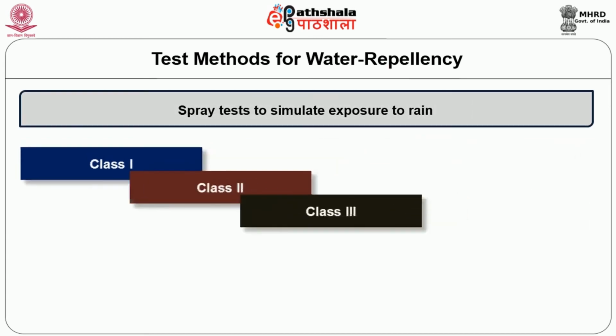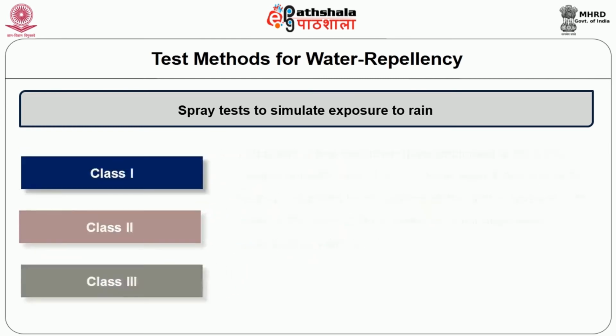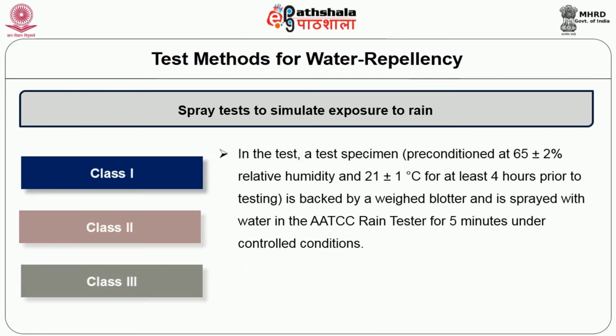The most widely used test method is one where the test specimen, preconditioned at 65 plus or minus 2 percent relative humidity and 21 plus or minus 1 degree centigrade for at least 4 hours prior to testing, is backed by a weighted blotter and is sprayed with water in the AATCC rain tester for 5 minutes under controlled conditions.